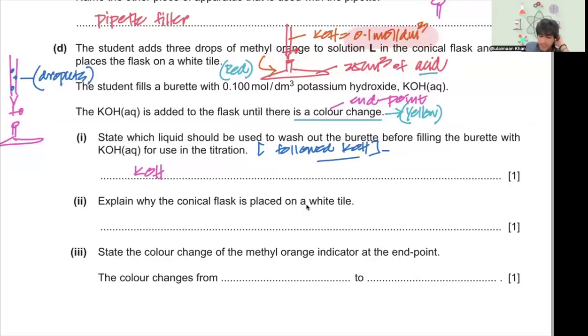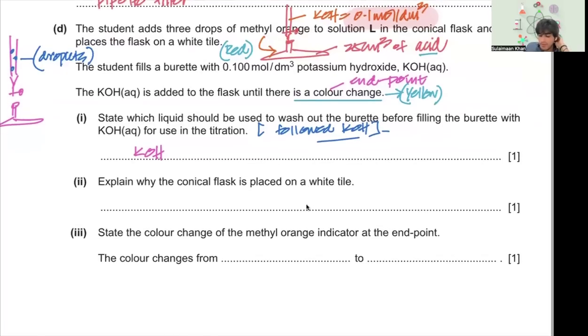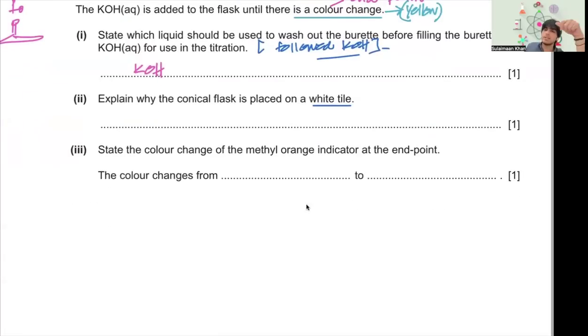So explain why the conical flask is placed on a white tile. Why is it placed on a white tile? To clearly observe the color change, to clearly observe when the indicator changes color, to clearly and accurately predict the endpoint, whatever.